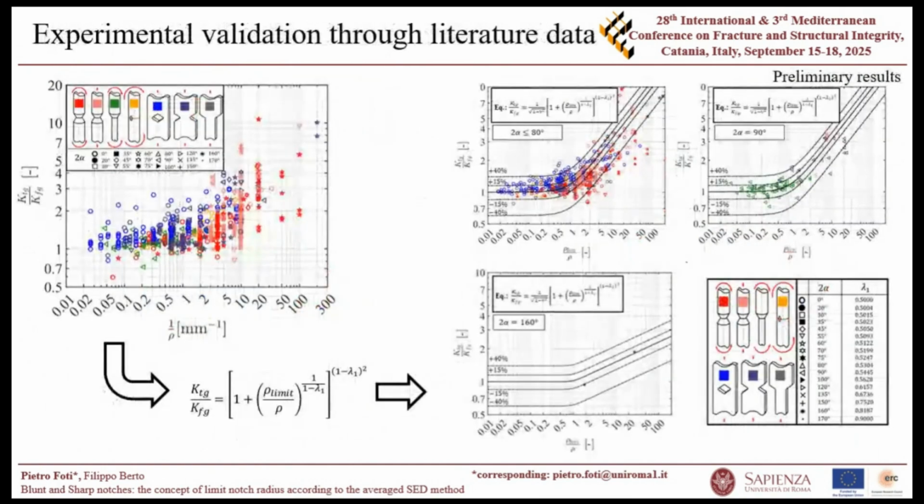So very briefly, you can see here how the data set is accounted for by the first equation that we have proposed, and apparently it is able to capture the limit condition between blunt and sharp notches, for different opening angles, because in this case the inclination of the oblique asymptote is changing with the notch opening angle.